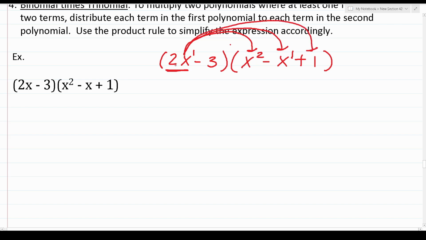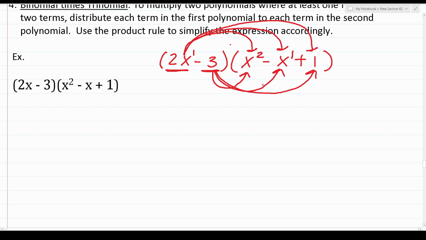That is to say, we're going to take the first term and multiply it by all the terms in the second polynomial. And then we're going to take this second term, negative 3, and we're going to do the same thing. That is to say, we're going to multiply it here, here, and then here as well.